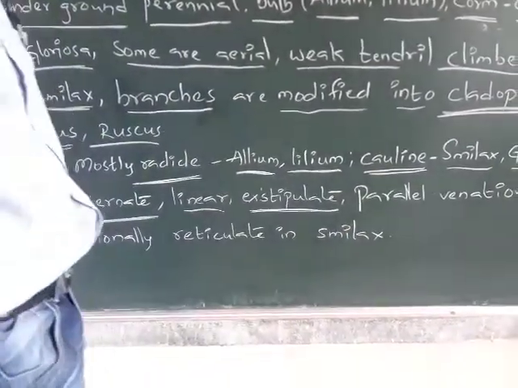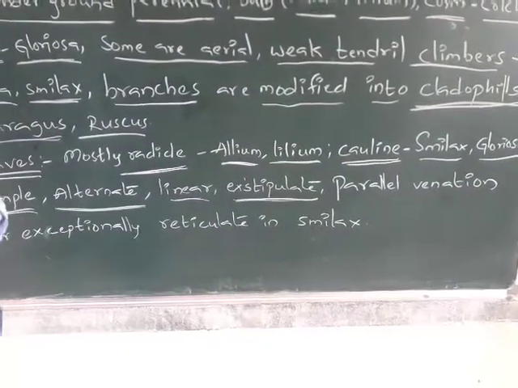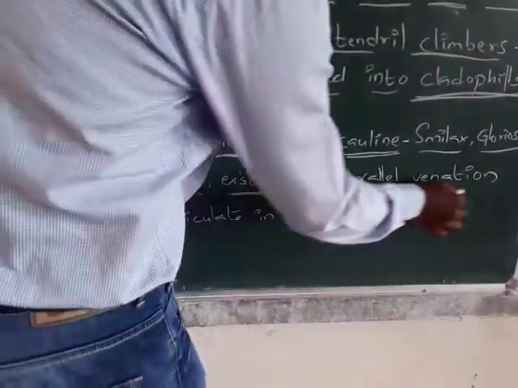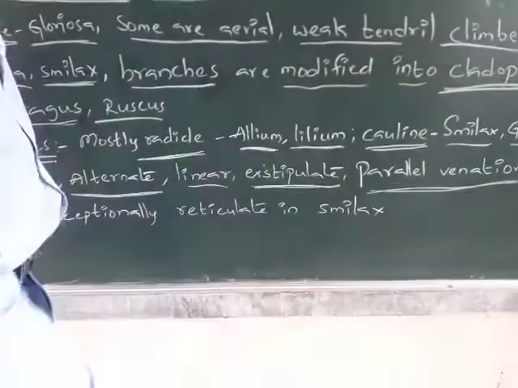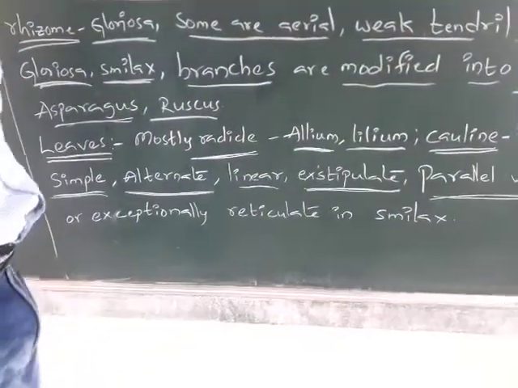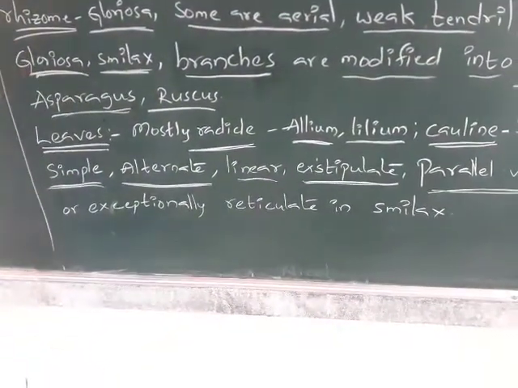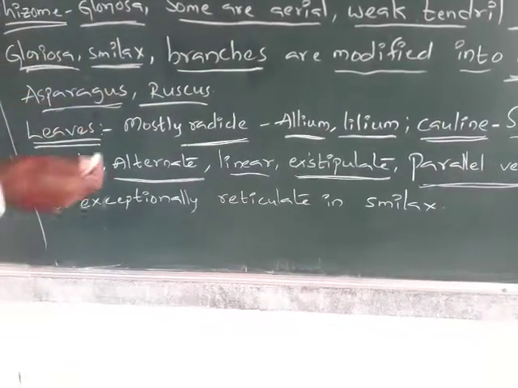They are exstipulate, meaning there is no stipule, and have parallel venation, not reticulate venation, because this is a typical monocotyledonous family.